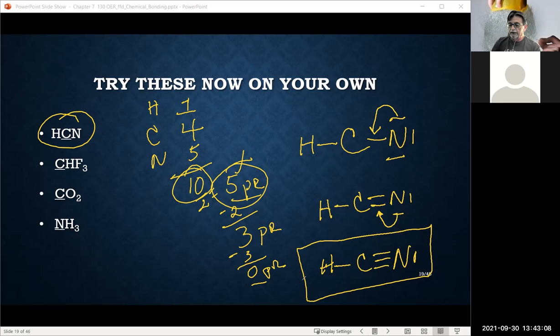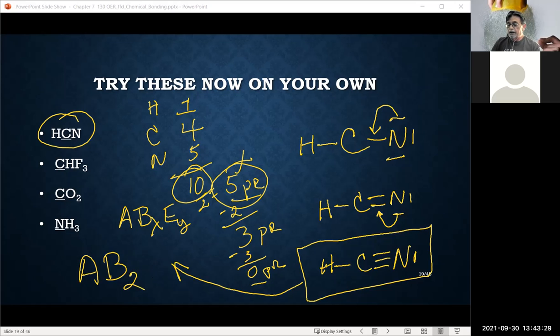Now, from that step, go to the general formula. Remember A, B, X, E, Y. Well, we got A, always A, okay? B was bonded around the central atom, 2, okay? E, we don't have an E here. There's no lone pair on the central atom, which is carbon, okay?